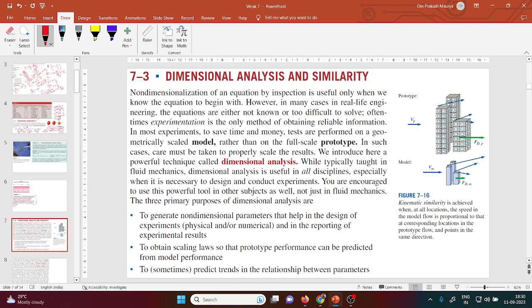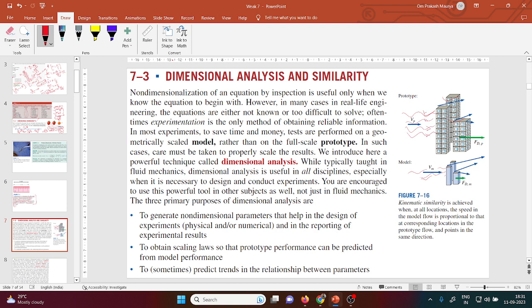Now, dimensional analysis and similarity. You can see here the model and the prototype: this is building one, two and three, a big building. For analyzing how much the velocity of the wind acts on a building, if you go for an experiment with such a prototype, it is very costly.